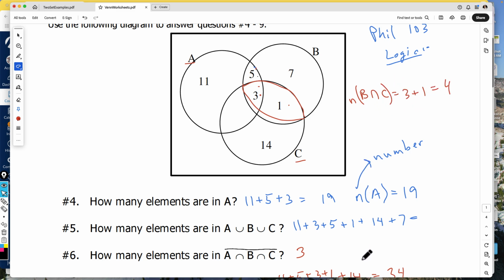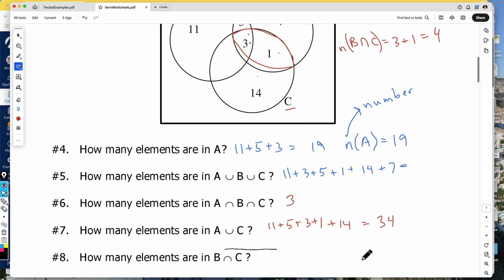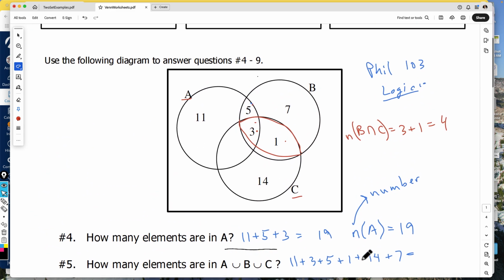And then the last one, which we'll do together, B minus C. It's everything in B except what the Cookie Monster bites out. So what is it going to be? 5 plus 7. The Venn diagram portion allows us to visualize things, but we have to see the regions, and then the answers will be right there.